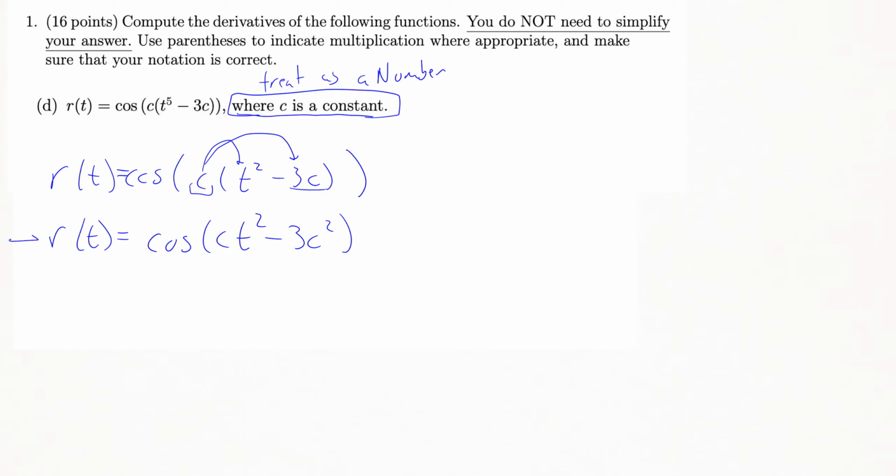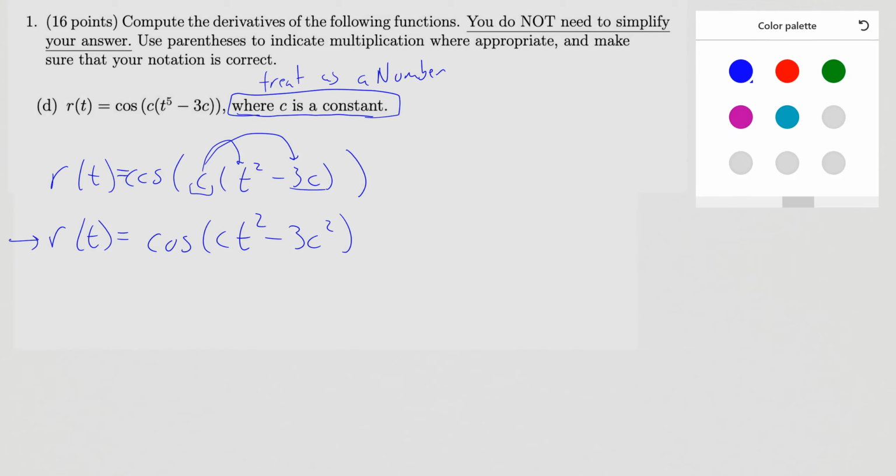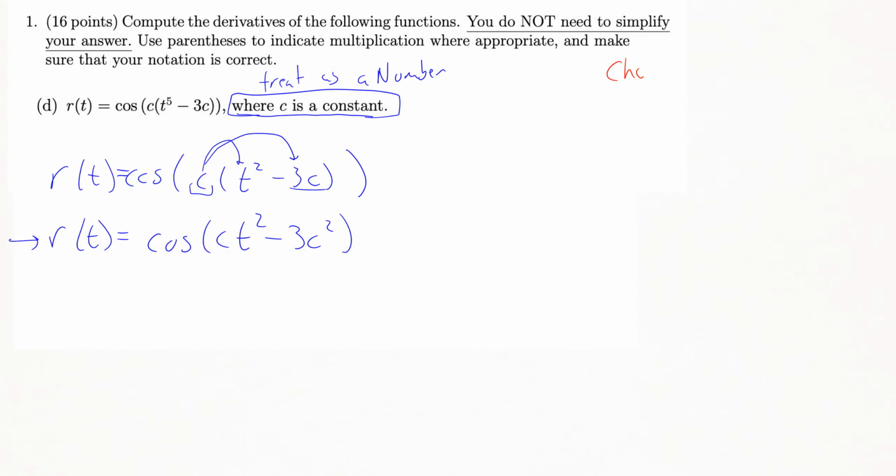So this is now my brand new math problem, and what it allows me to see is that I'm looking at a chain rule. Anytime I've got a function inside a function, in this situation a cosine with ct squared minus 3c squared inside it, I'm looking at a chain rule. My chain rule saying is d in times d out: the derivative of the inside piece times the derivative of the outside piece.